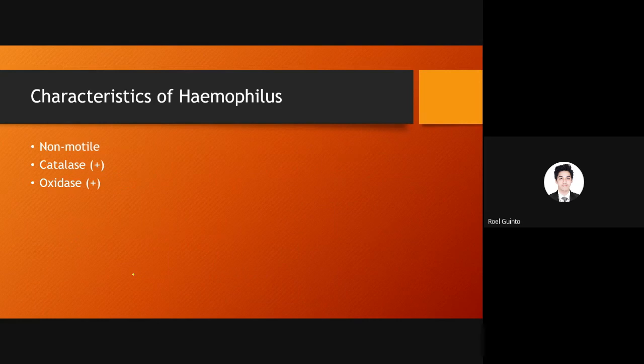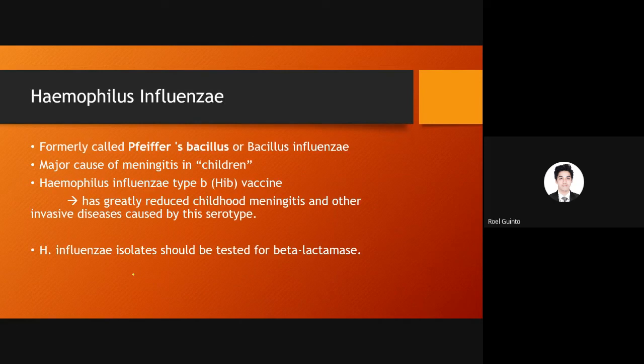So, what are the unique characteristics of Haemophilus? Non-motile, catalase positive, and oxidase positive. First, we have Haemophilus influenzae, formerly called Pfeiffer's bacillus or Bacillus influenzae. It is the major Haemophilus that causes meningitis in children.